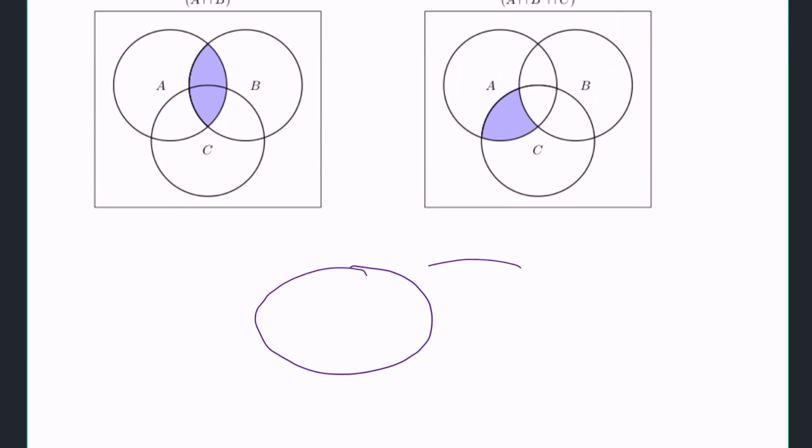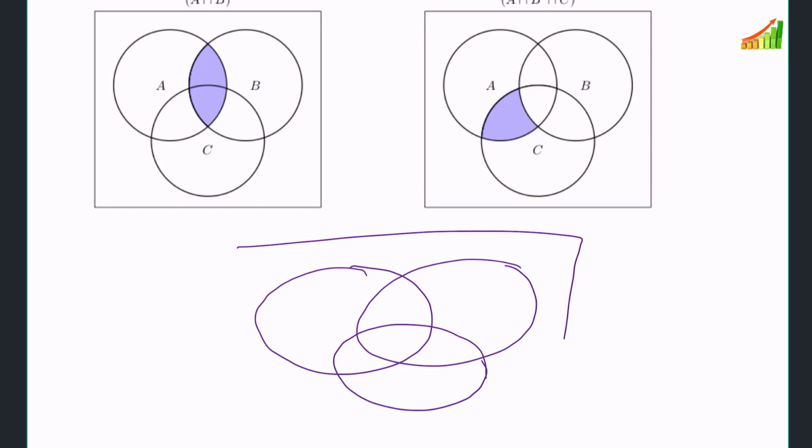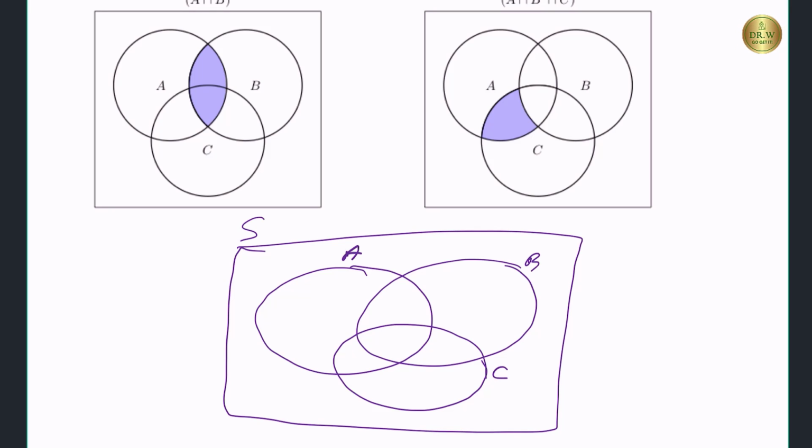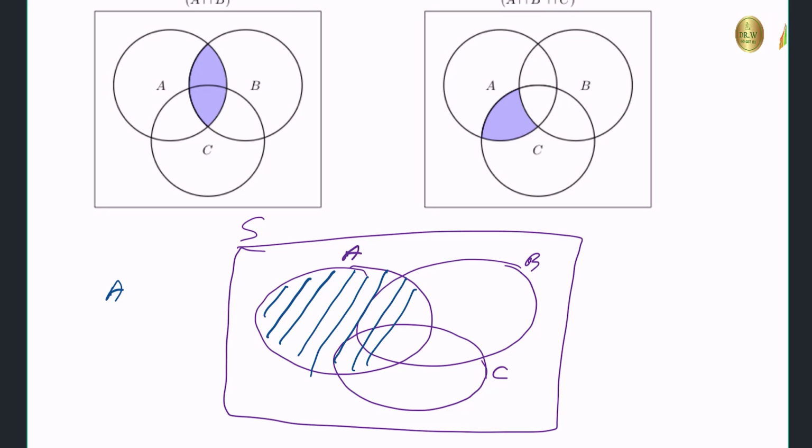This is A, this is B, and C, the sample space, S. So A, B, C. We need A, so I color this A, whole area of A. Then we need B. Let me color this B using green color.